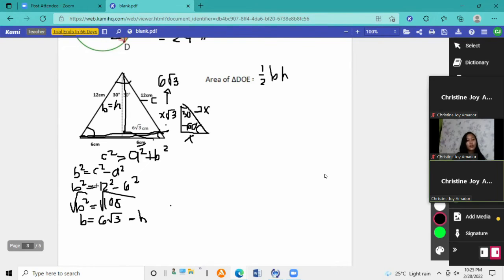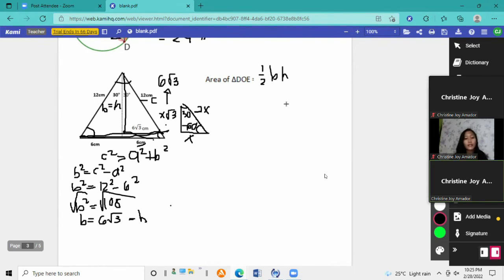You can just input the value of our x, which is 6, and we automatically have the value of our height, which is 6 square root of 3. Aside from using the Pythagorean theorem or the 30-60-90 special right triangle, you can also use the trigonometric ratios, or the sine, cosine, tangent.